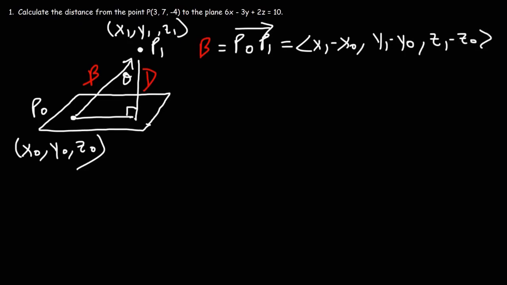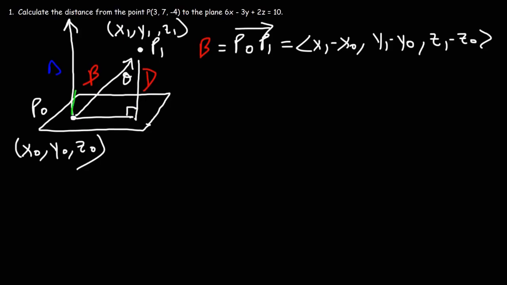Now, in order to define a plane, we need a point on the plane and a vector that's perpendicular to the plane, or the normal vector, which we'll call n. Now, in order to find the value of D, we need to get the scalar projection of B onto n. So I'm going to highlight that in green.